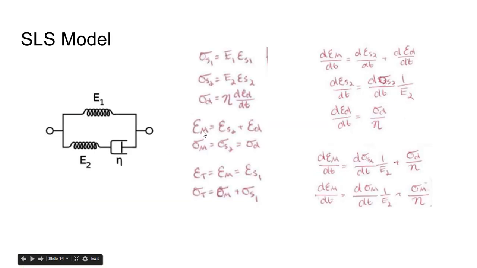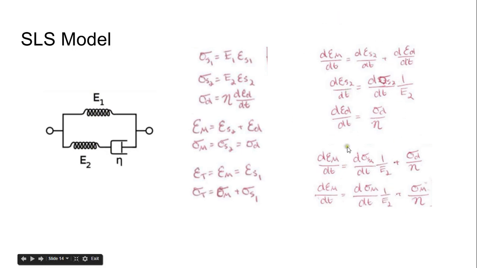Now, the SLS model is a little bit more involved. I have everything written out. First, you're going to do this stuff for your Maxwell arm, and then you're going to do a parallel between this arm and this arm. On this right side, that's the whole Maxwell side.